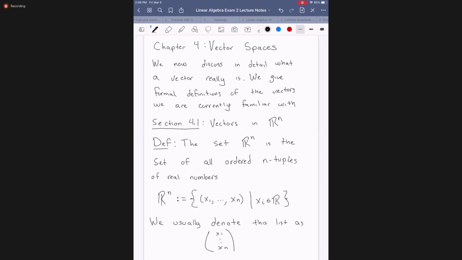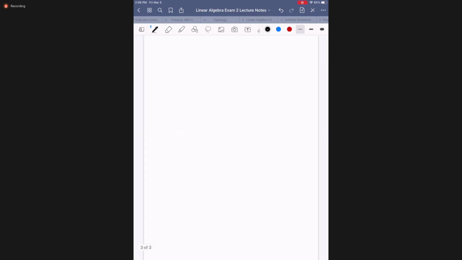So again, we've worked with these structures before. Let's give an example, n equals 2. For n equals 2, we have R2, and in R2, this is something you may have worked with in physics.